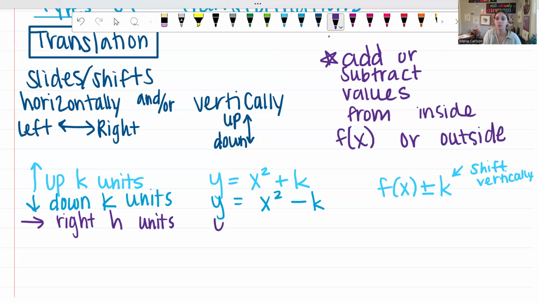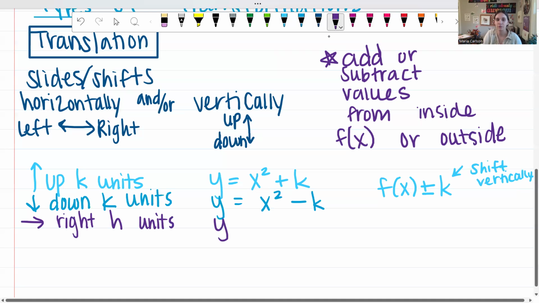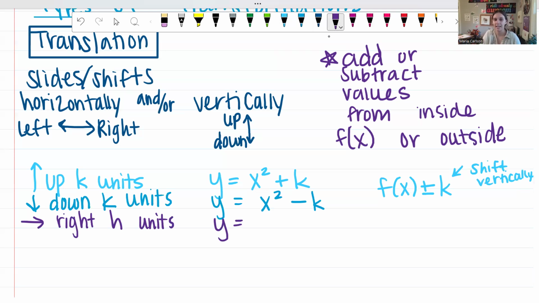So now we are directly affecting the x values. So this is going to be inside with x. So to go right h units, inside with x, I'm going to subtract h, and that all is being squared. So y equals x minus h squared is going to move my graph right h units.